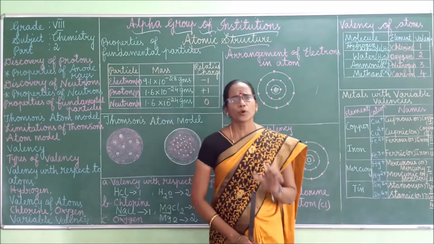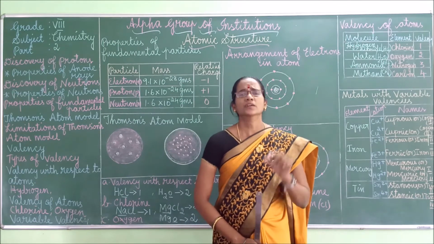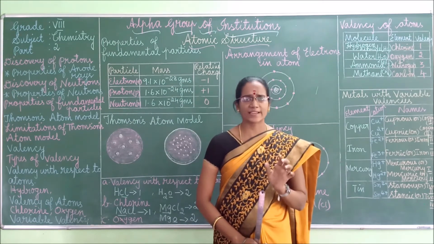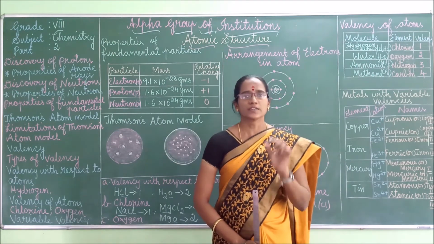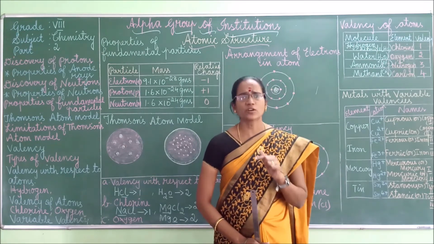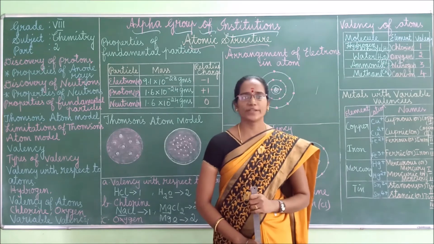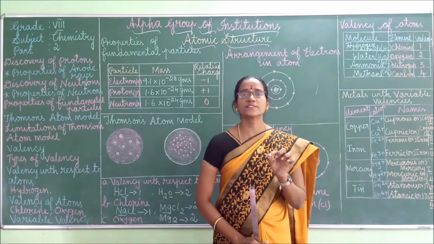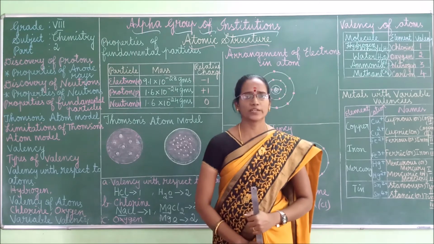Protons and neutrons are present at the nucleus, which is at the center of an atom, whereas electrons revolve around the nucleus in circular orbits.